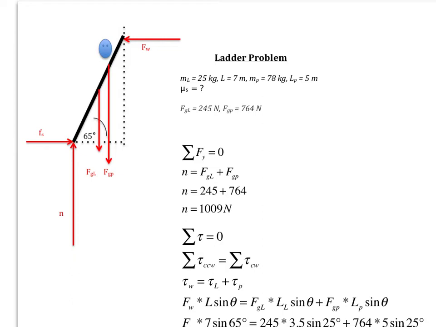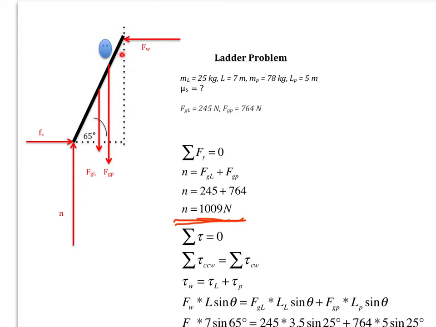So starting in the y-axis, it's in equilibrium, so the net force in the y-axis equals 0. Normal force is up and the two weights are down. So that adds up to 1,009 newtons, right there.